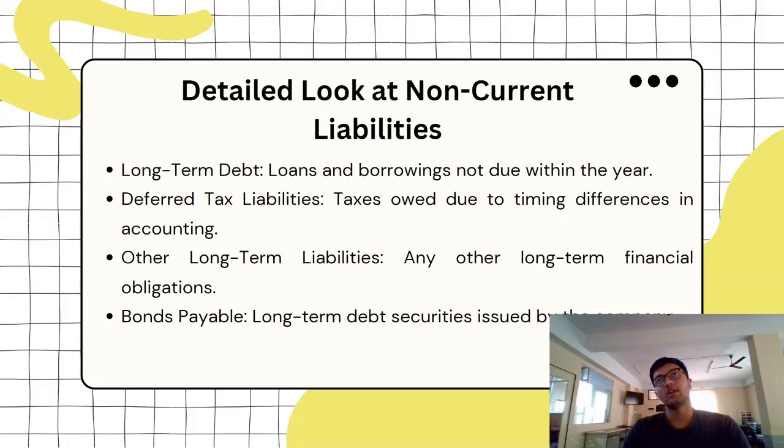Those bonds will be for more than a year, like 2 years or 5 years. So that'll be a long-term debt for the business, because at the end of the day, it's not the business's money. It's the money of outsiders that they have to repay at a certain point of time. But just because it is more than a year, it's considered as non-current liability.